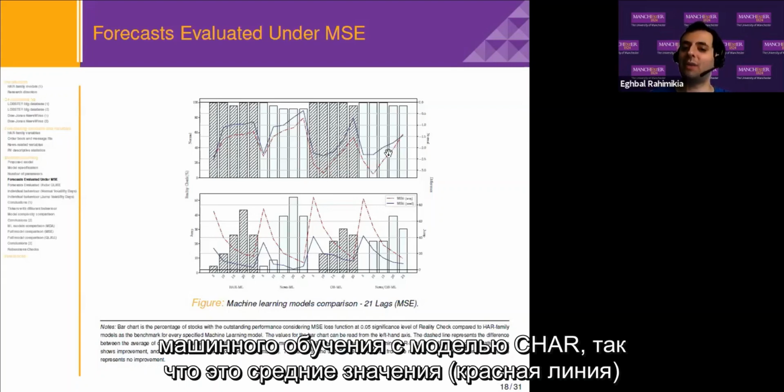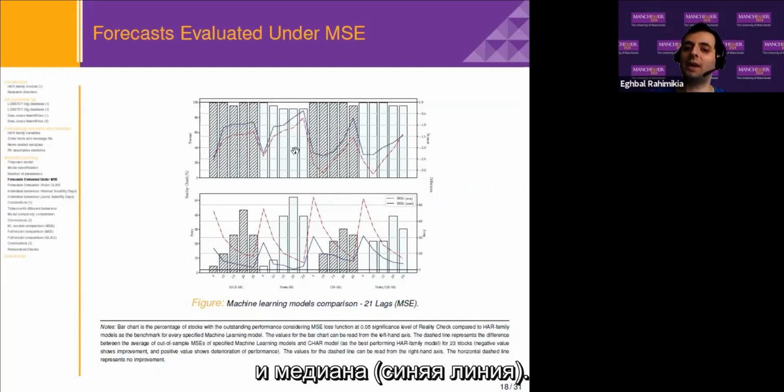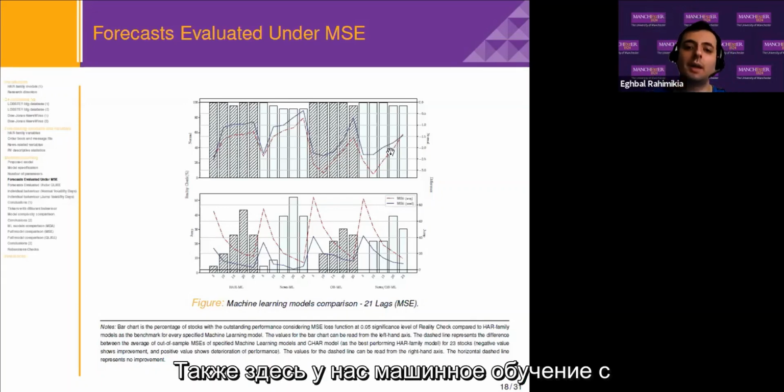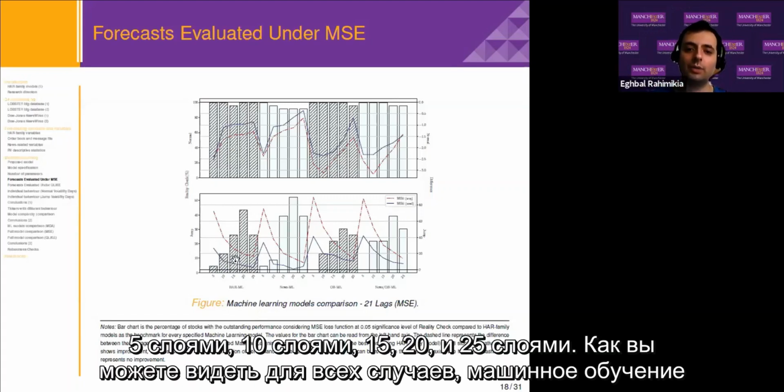So these are the averages. The red line is the average, and the blue line is the median. We also have machine learning with 5 units, 10, 15, 20, and 25.